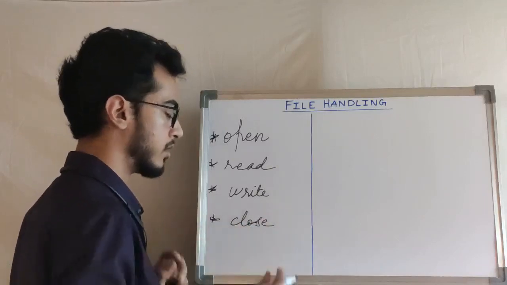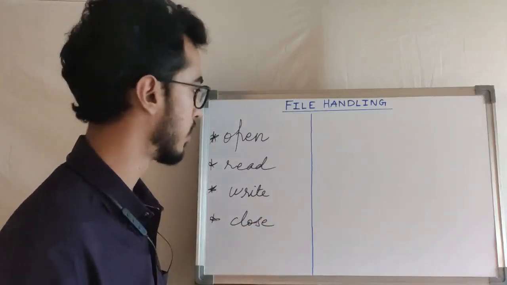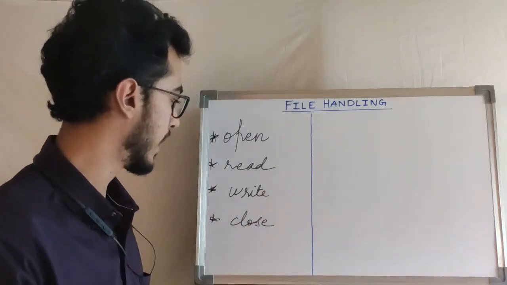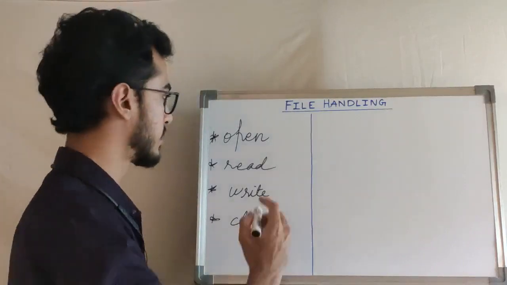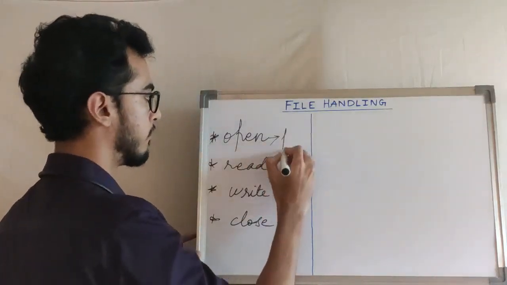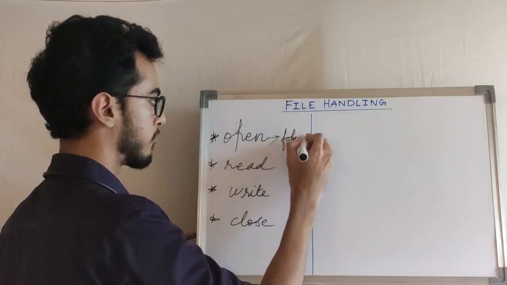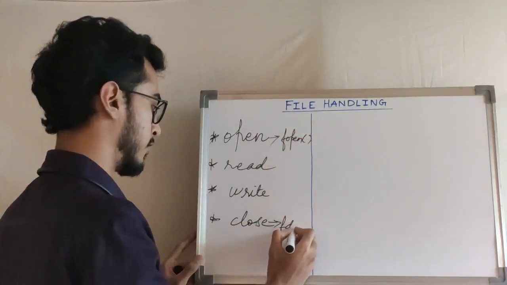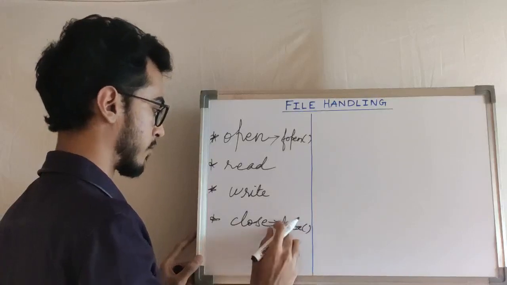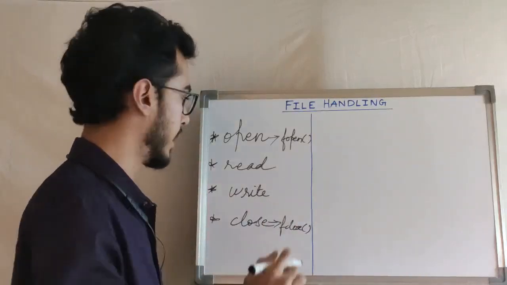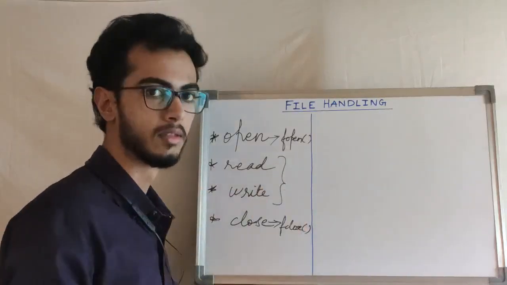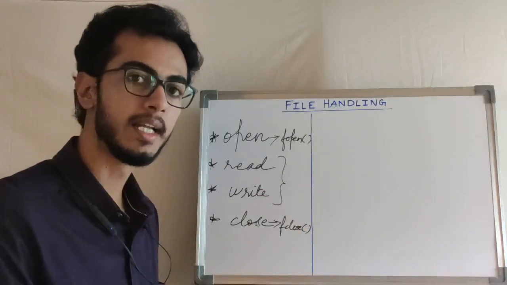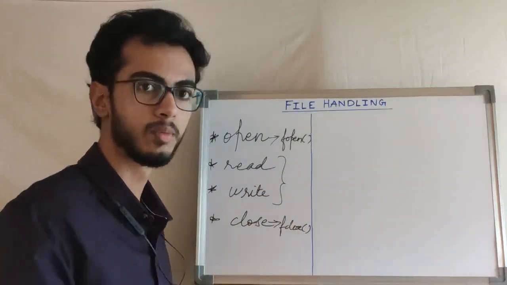To perform all these operations, we have different functions. For example, for opening a file we have the fopen function, and to close a file we have fclose. And how do we read and write data from the keyboard and output data on the screen?